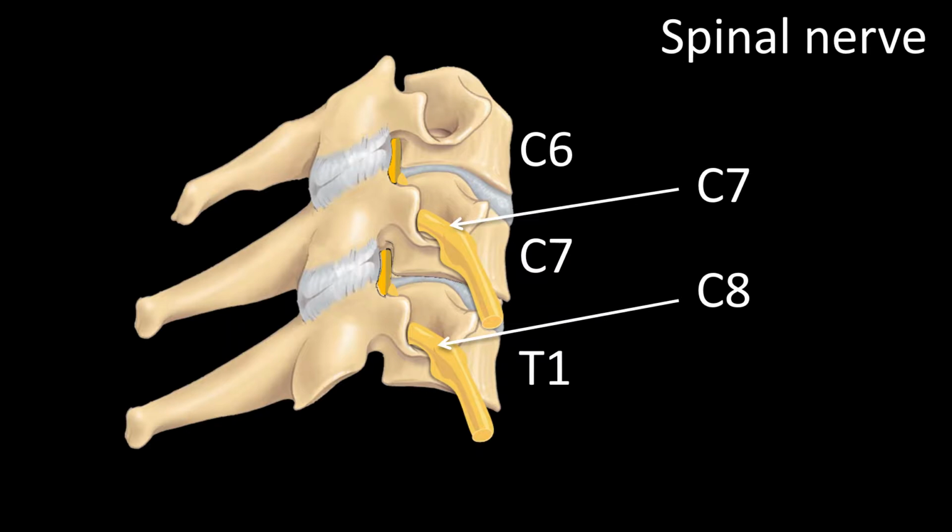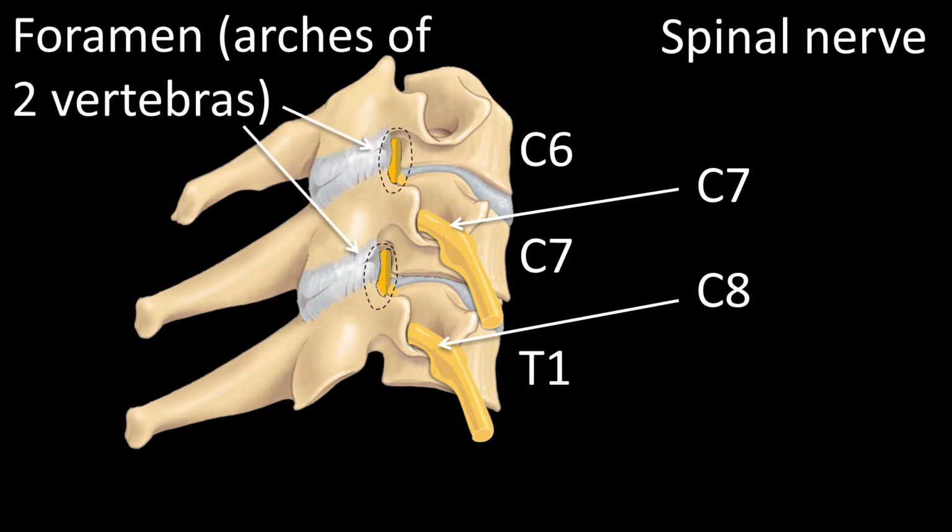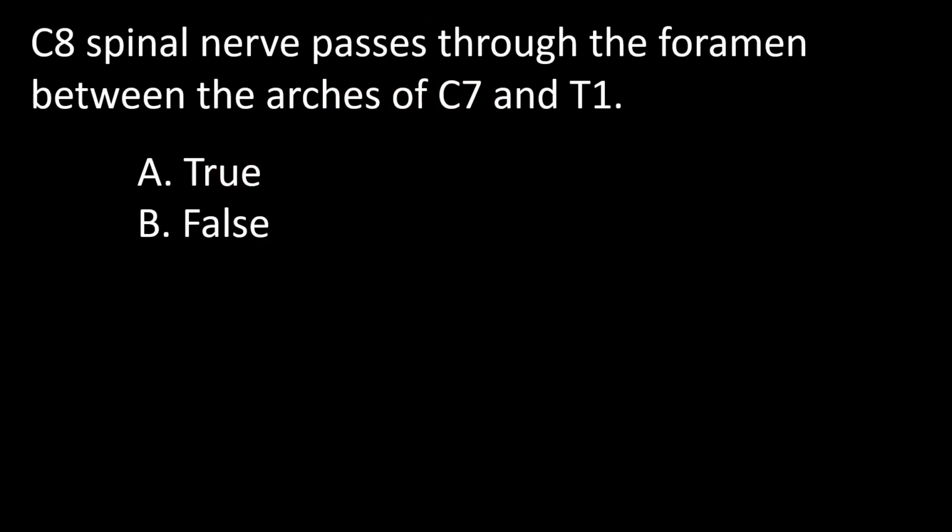The 7th and 8th cervical spinal nerves are indicated in this frame as they emerge through the intervertebral foramen. C8 spinal nerve exits the spinal canal between the arches of C7 and T1. So the answer to this question is true.